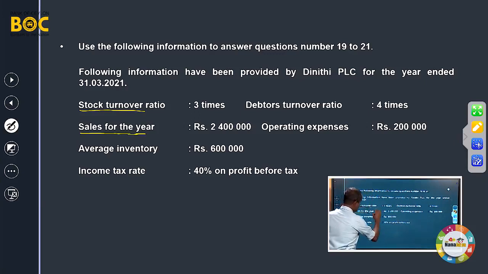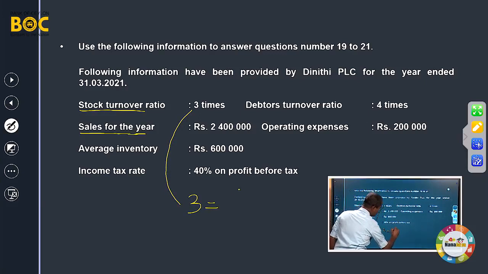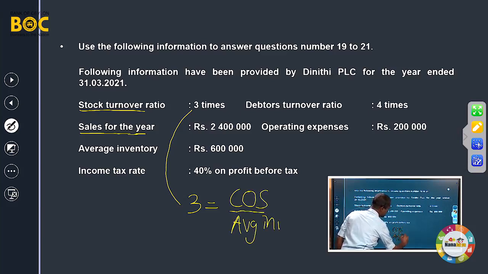The inventory turnover ratio equals cost of sales divided by average inventory.